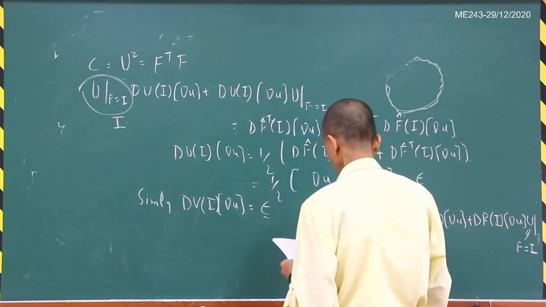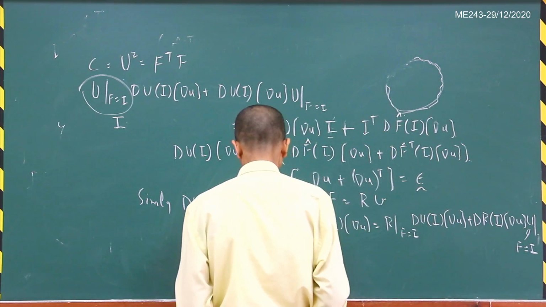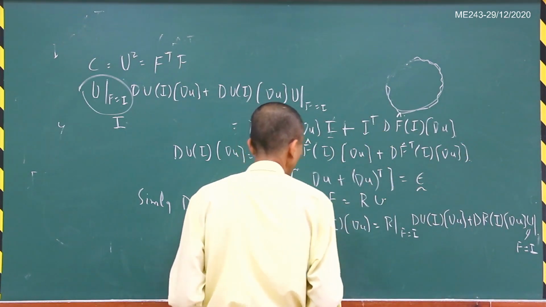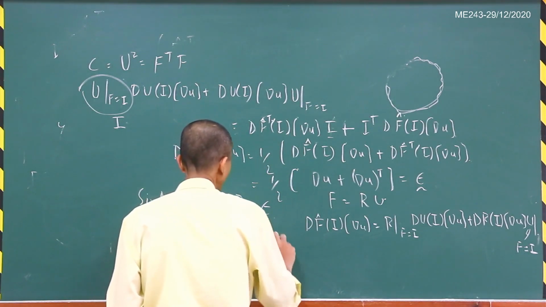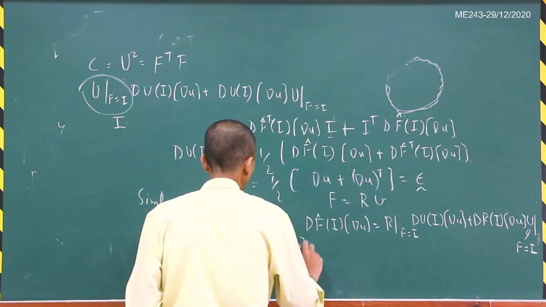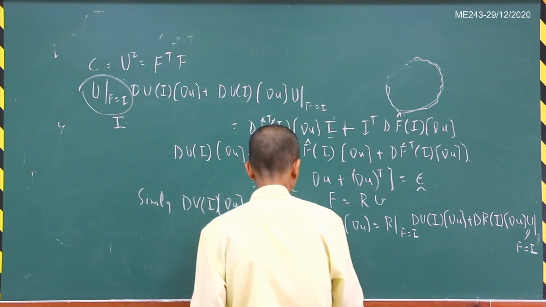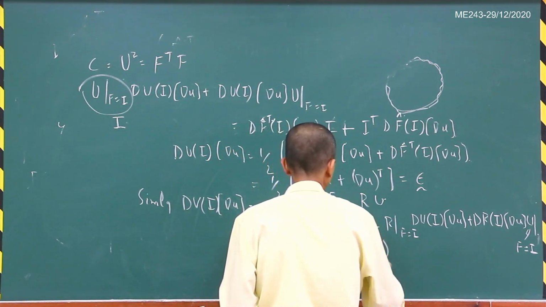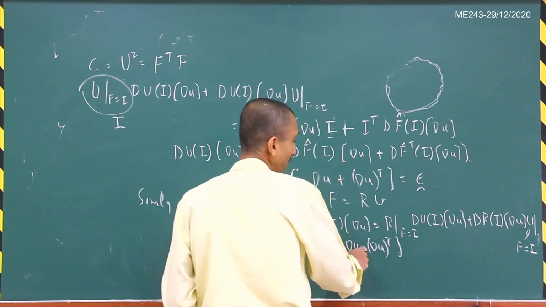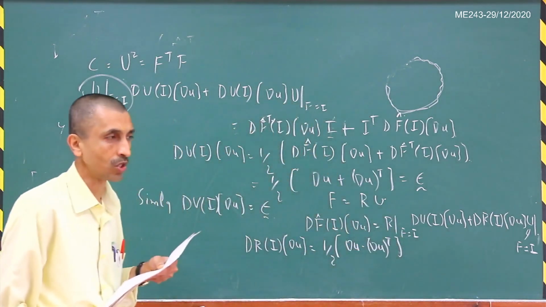If you simplify this expression, D of R evaluated at I in the direction ∇u will be equal to half of (∇u − ∇uᵀ). There is a minus sign now, so this is not the epsilon that you get.